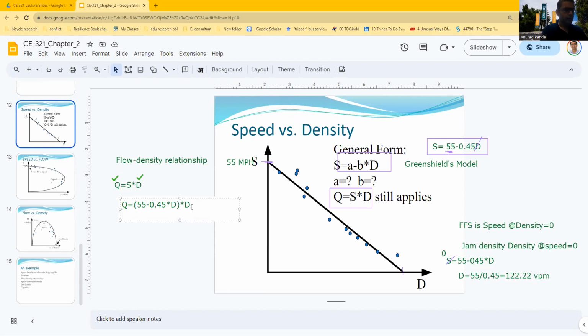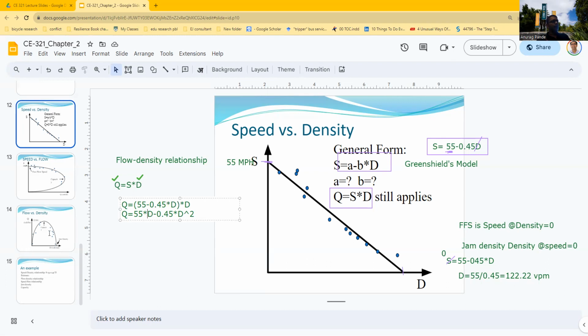I could say Q equal to 55D minus 0.45 times D squared. I could write it like that, 55 times D minus 0.45 D squared. And this becomes a sort of quadratic equation. If you look carefully, it's a quadratic equation in flow and density. Q and D are my variables here.